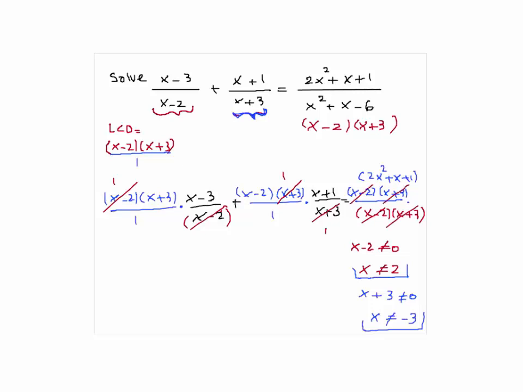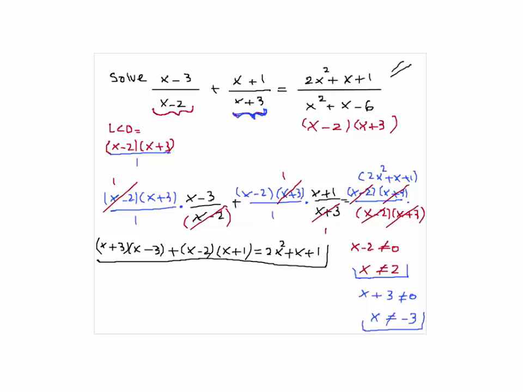So this whole thing would be equal to x plus 3 times x minus 3, plus the second term, x minus 2 times x plus 1, equal to 2x squared plus x plus 1. So this equation here is equivalent to this equation here, except one of them doesn't have the fraction.